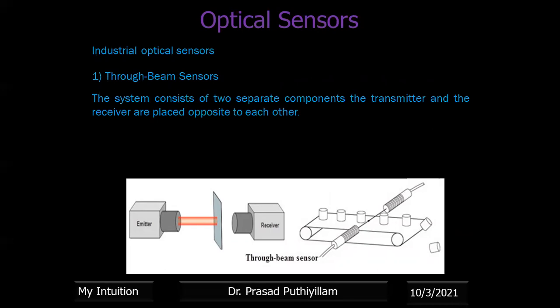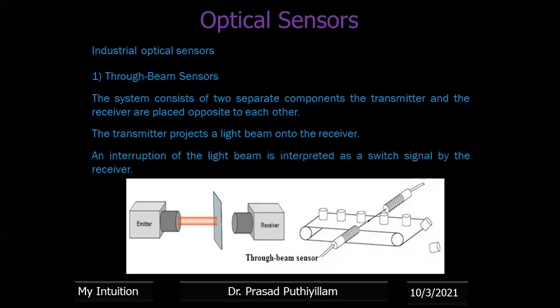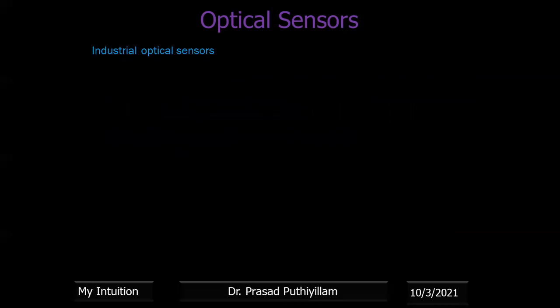That is used to identify the object present. So the transmitter projects a light beam onto the receiver, and the interruption of the light beam is interpreted as a switch signal by the receiver.